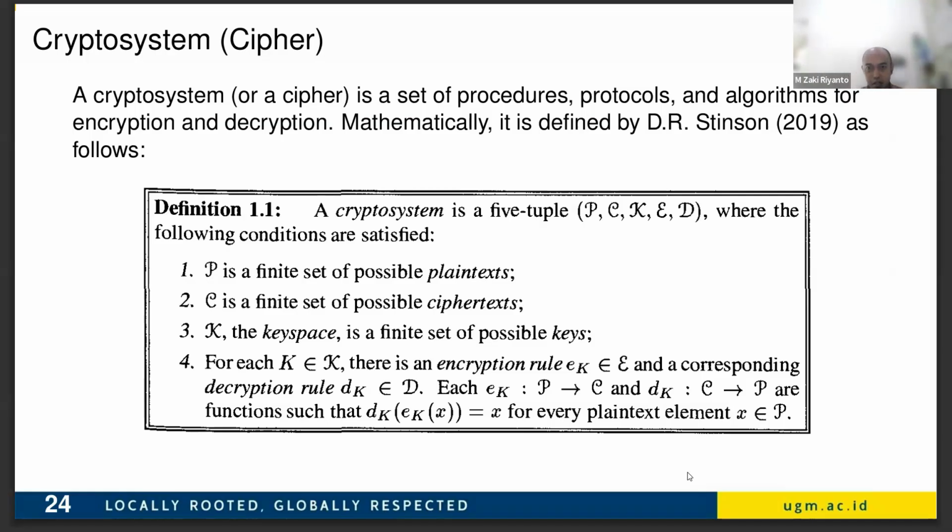By Stinson in 2019, he defined a crypto system as a five-tuple P, C, K, E, and D, where P is a finite set of plaintexts, C is a finite set of ciphertexts, and K is the key space, the set of all the keys.